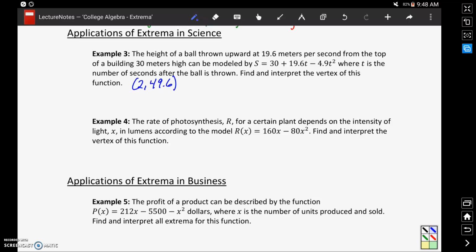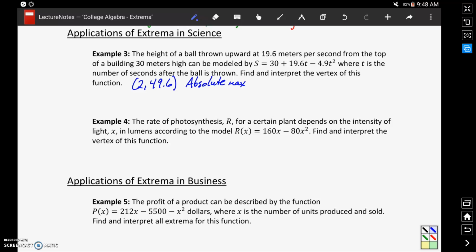So we've identified where that vertex occurs, which in this case is both a local and an absolute maximum. What we want to do now is apply some context or some interpretation to what that point tells us. Our value t is the number of seconds after the ball is thrown, and s is giving us the height of the ball.